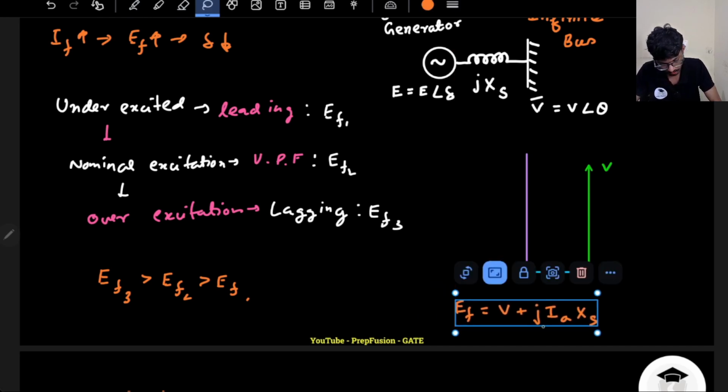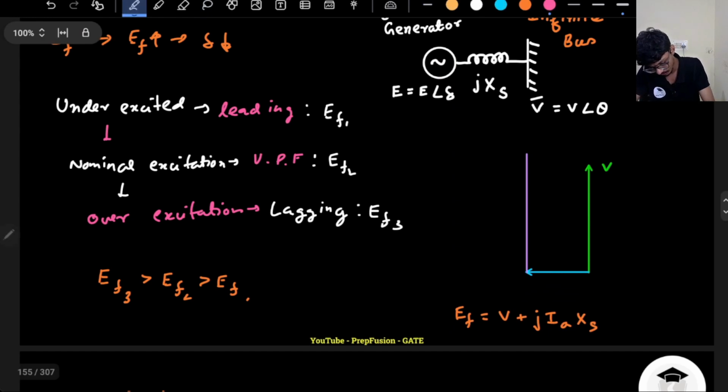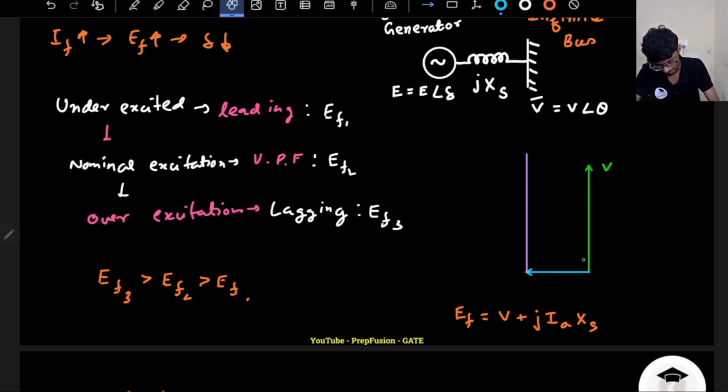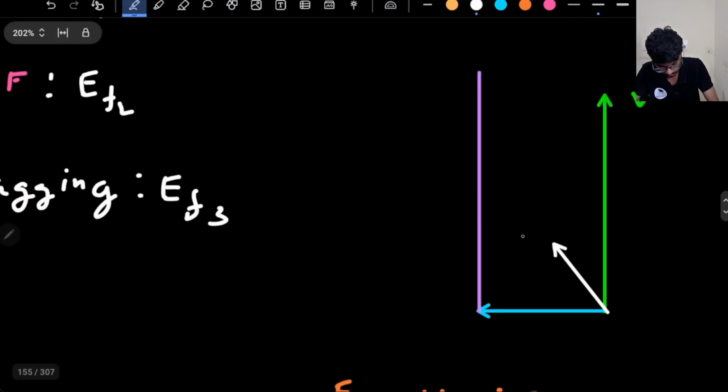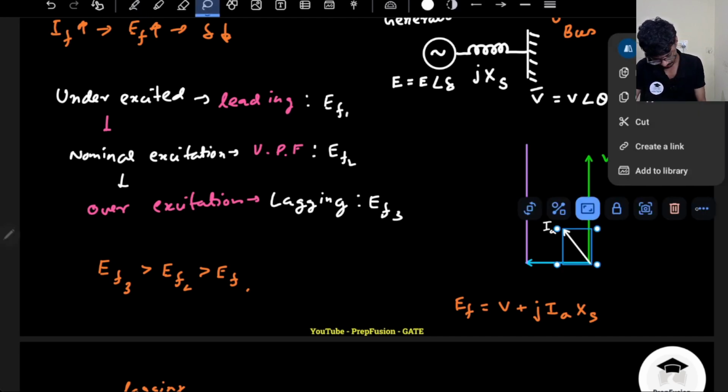EF will be equal to V plus IA XS. Okay, so that's it basically. If I say IA is somewhere around here, then J IA XS, I have to add another plus 90 to this, right?